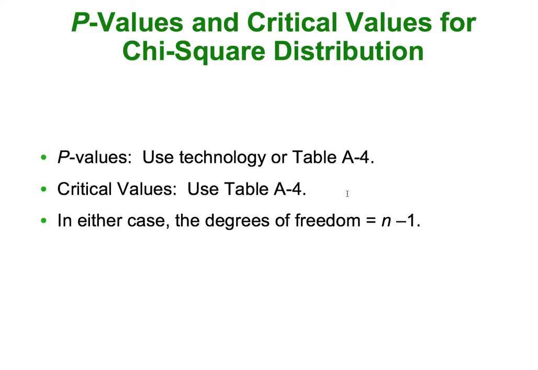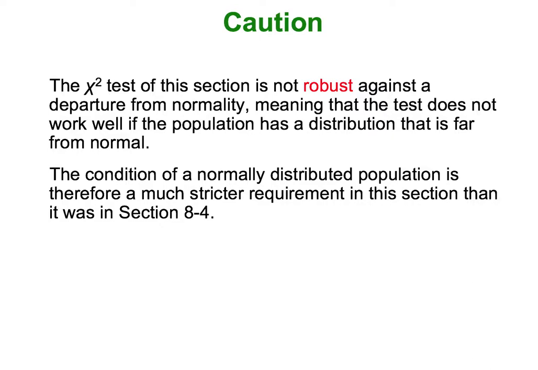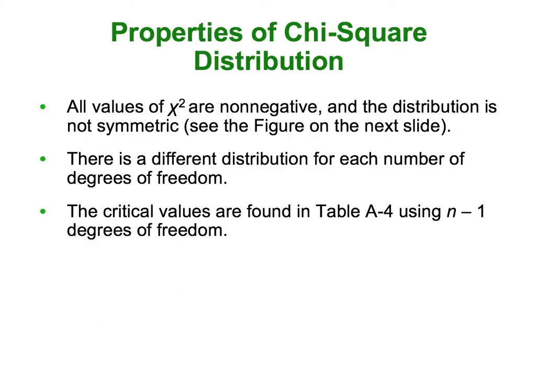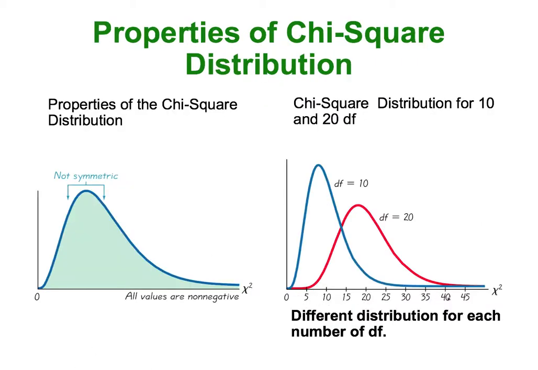And we will find our critical values from table A4 and use degrees of freedom again, which is 1 less than the sample size. Now, the chi-square values are non-negative, and here's our chi-square distribution, a generic one.